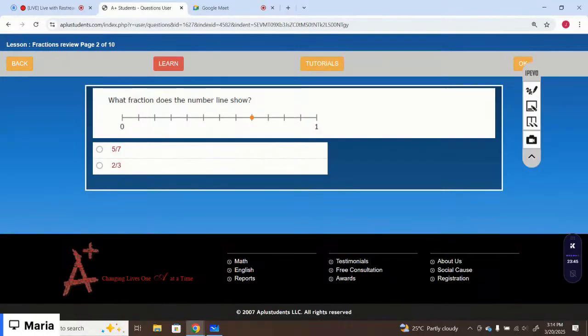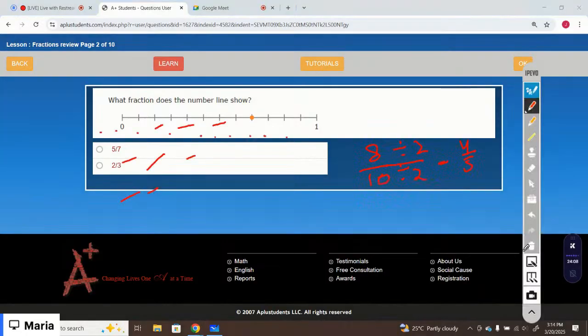What fraction does the number line show? Which is the correct option? That is 8 out of 12. And the simplified form is 2 out of 3.